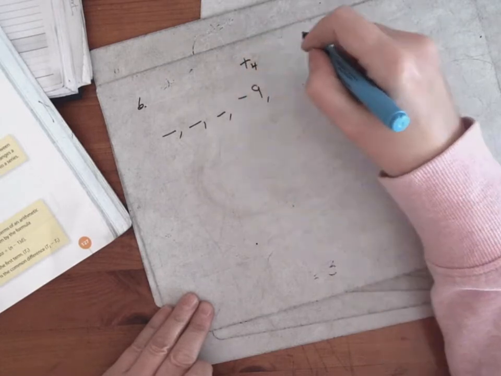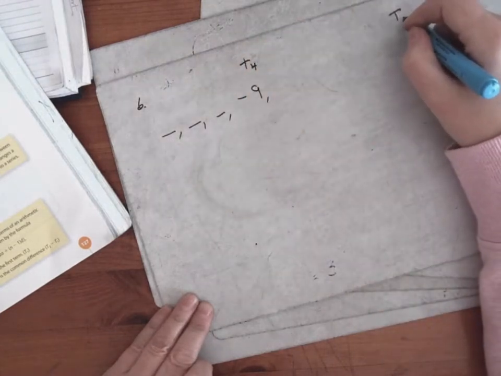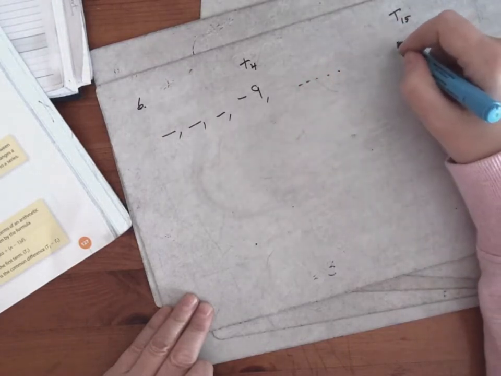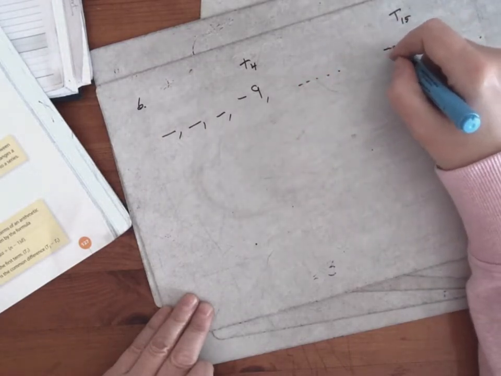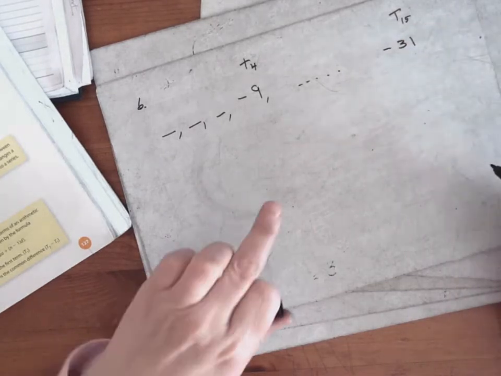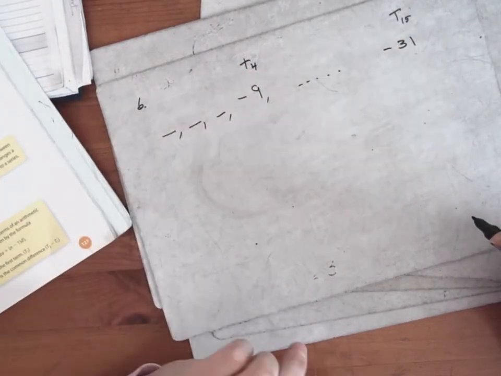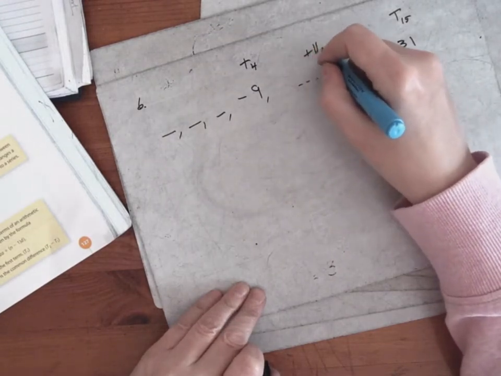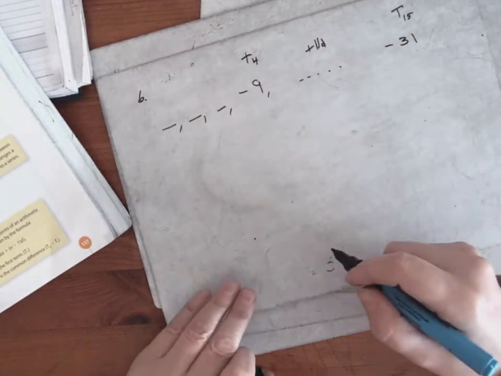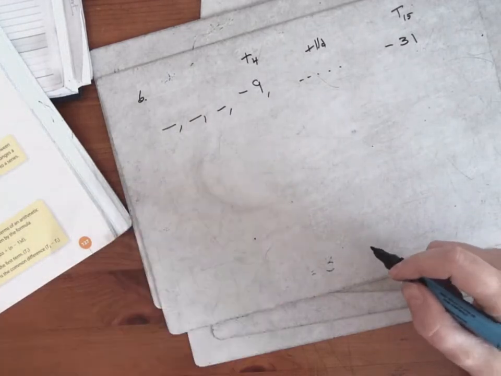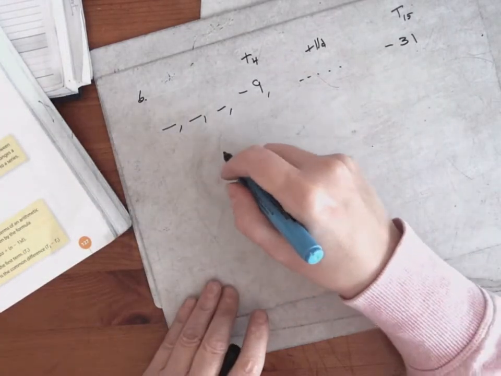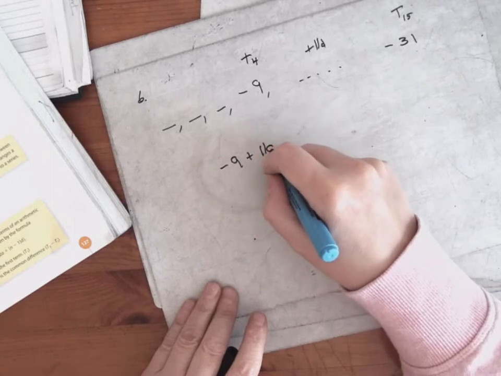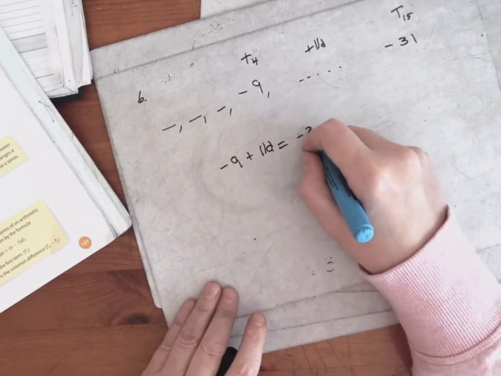I could write in all the blanks, but from term number 4 up to term number 15, there's 11 terms. So that means I added on D 11 times. Rather than writing it out, I'm going to do it that way. So I started at minus 9, then I added on 11 D's, and I ended up at minus 31.